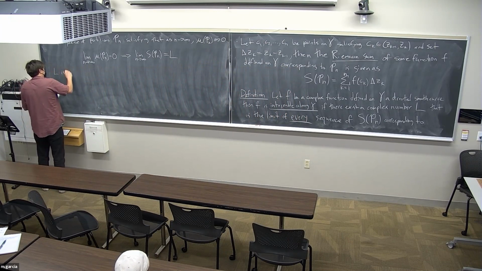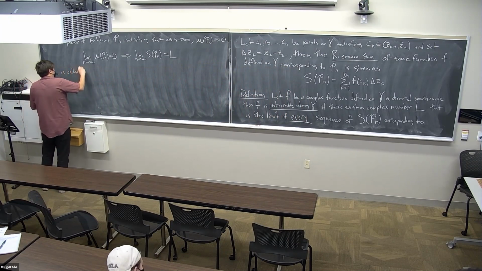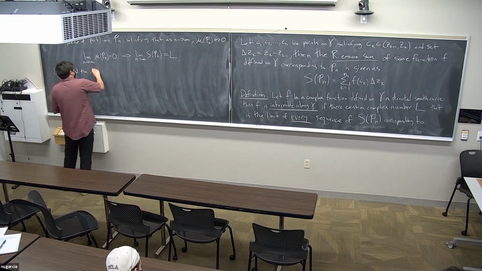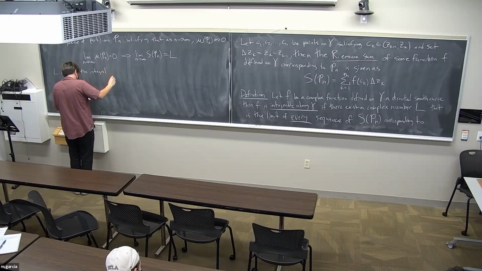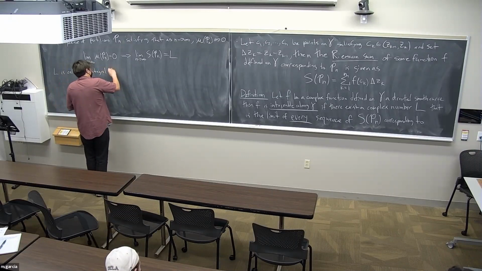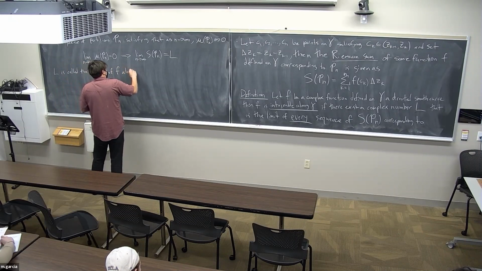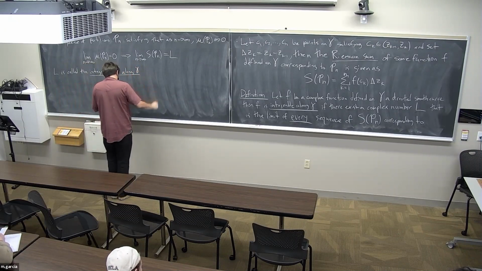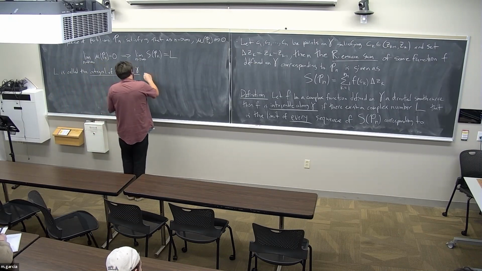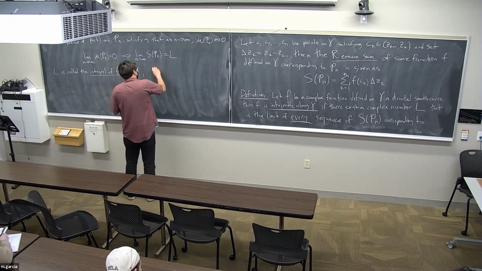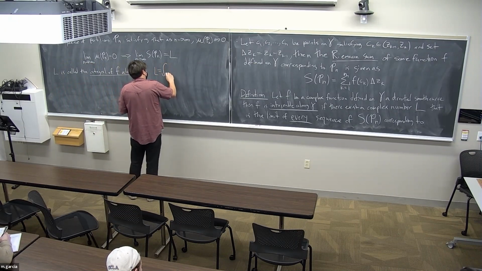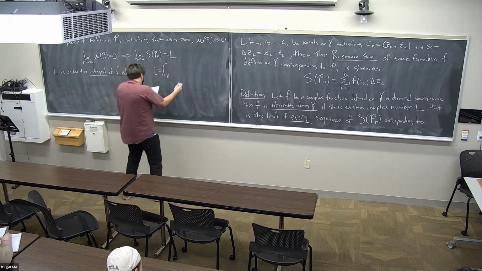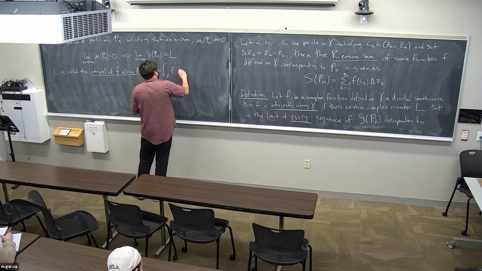Well, it's called the integral of f along gamma, and sometimes we just write this: L is equal to the integral along gamma of f dz.